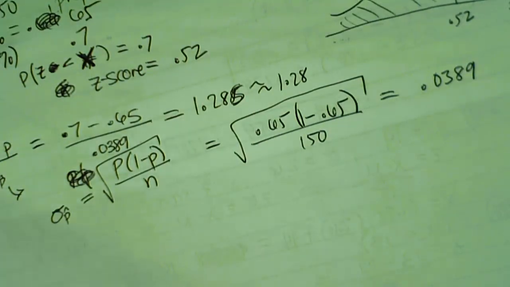Just because, let me see. We can say 1.29, but usually 1.28 is a number that we like. So when we look at 1.28, .8997.